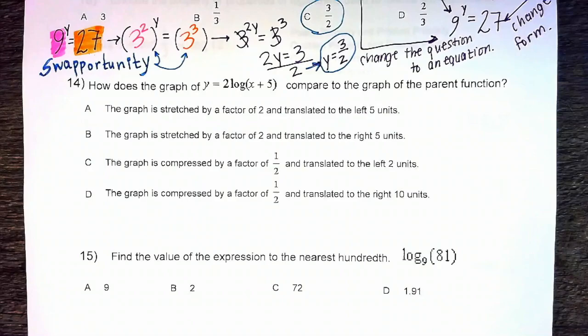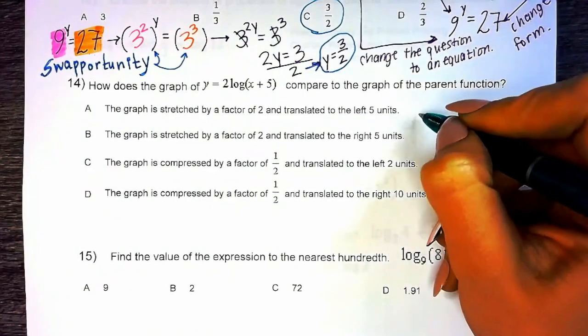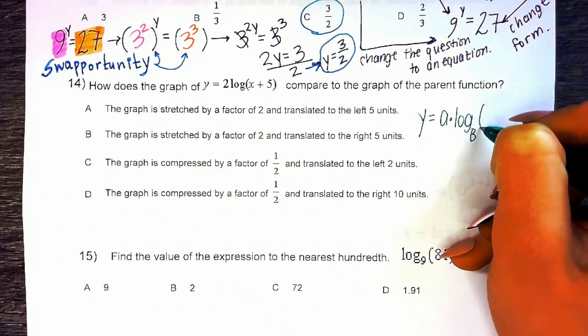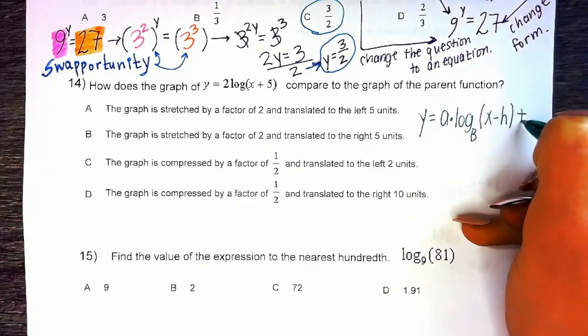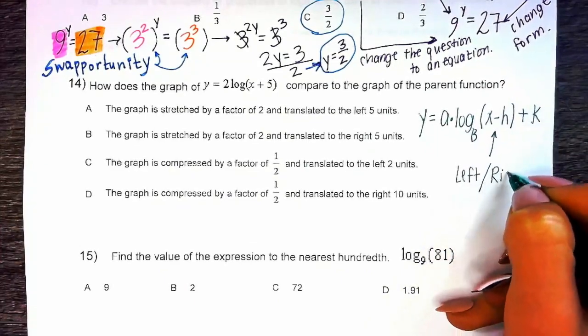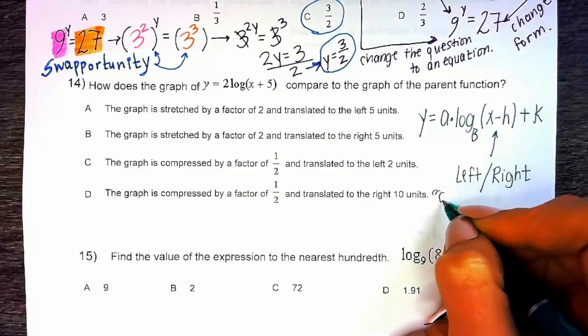The rules for transformations apply the same to all parent functions. The coefficient in front of our logarithmic equation is often represented by a lowercase a during lessons in class.